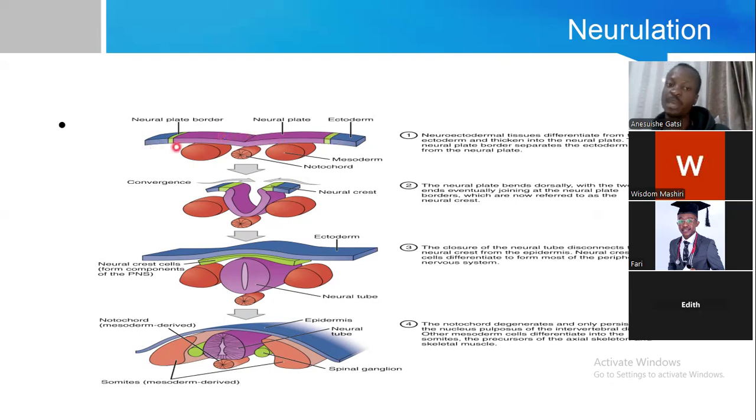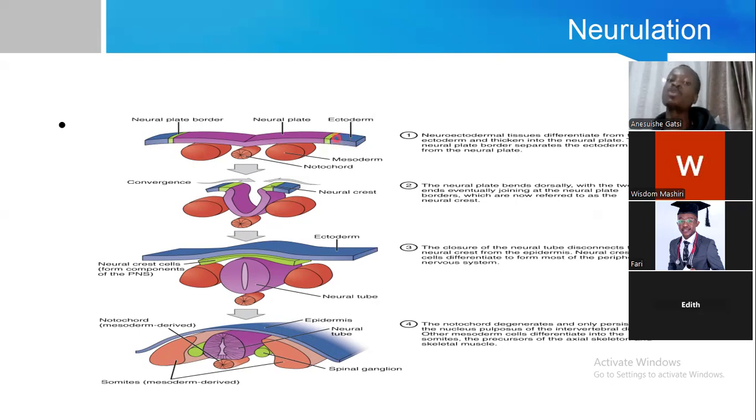Then in green is where you're going to have your neural crest cells, and we had intermediate levels of BMP4. Then in blue, that's where you have high levels of BMP4, and that's where we're going to have surface ectoderm, right?